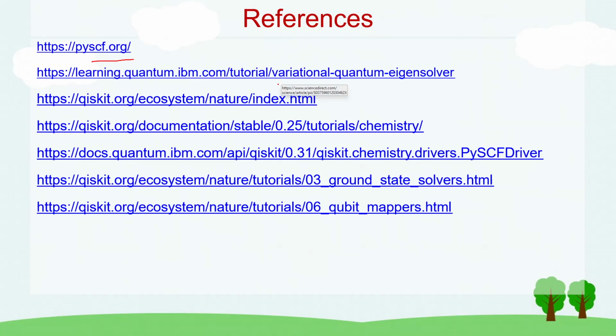And if you want to know more about VQE, visit this page, and the entire set will give a very good understanding of the different solvers available, mappers available.